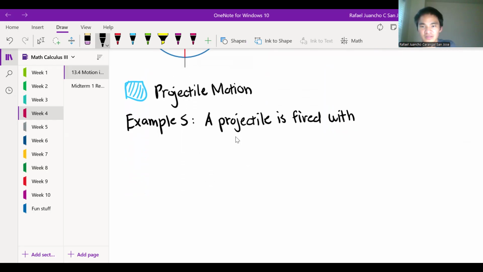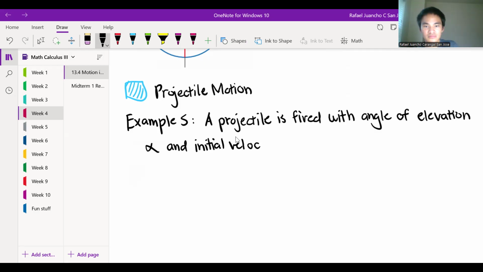So it's fired at a particular angle. We're calling it alpha. And the initial velocity, let's say it's v naught.